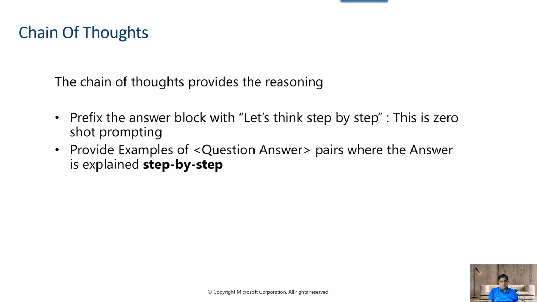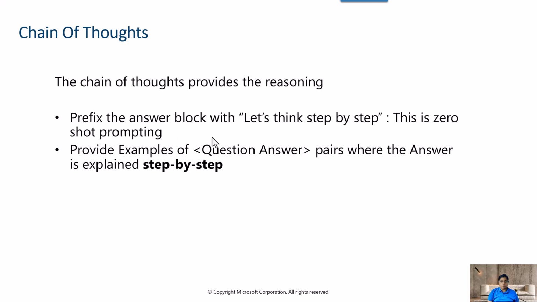Chain of thoughts. Let's understand this wonderful concept. The chain of thought is a reasoning technique. And what do we do? Suppose I ask you a question and I tell you to provide the answer step by step, step 1, 2, 3, 4, 5. If I ask a question and I don't provide any example, then it becomes zero shot prompting, right?